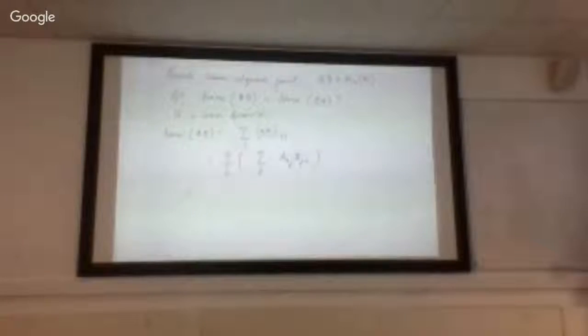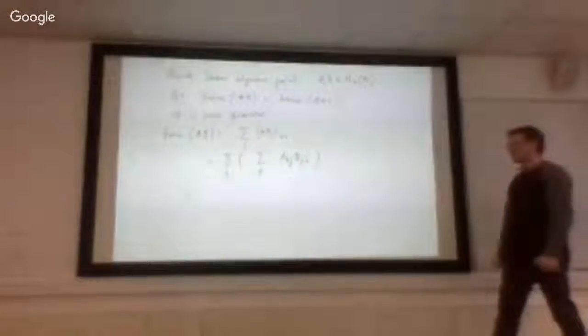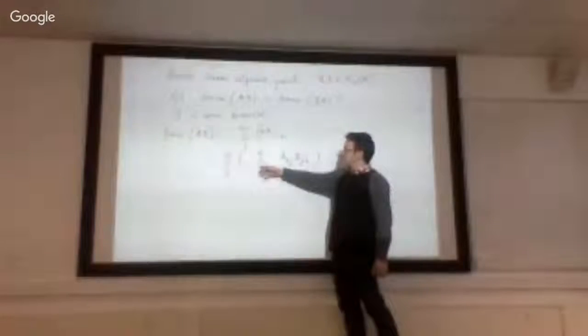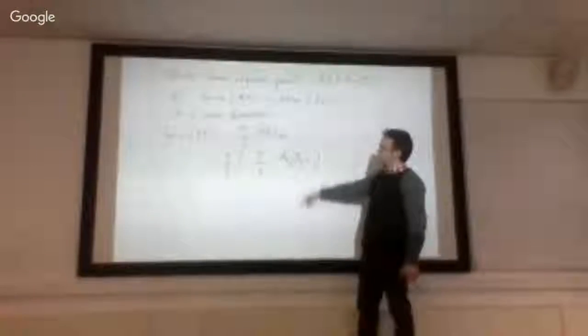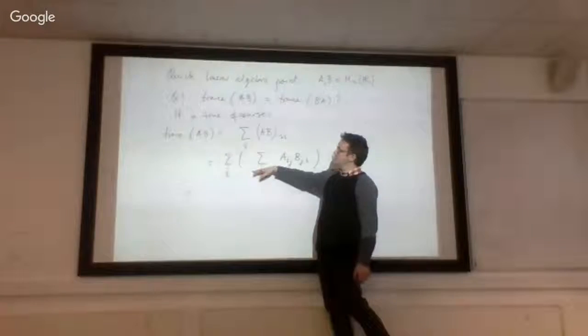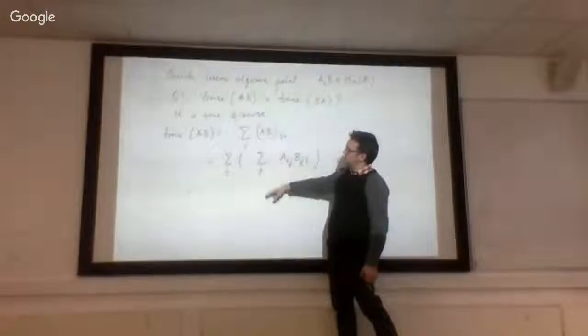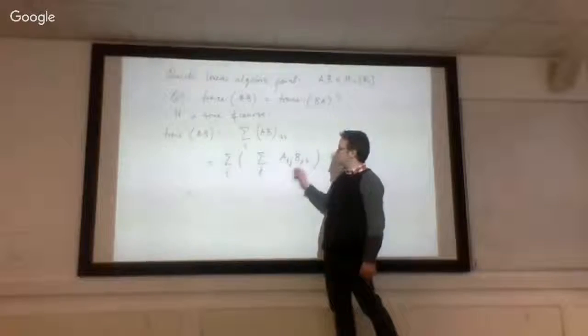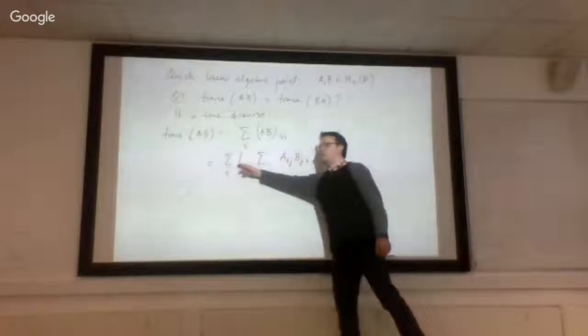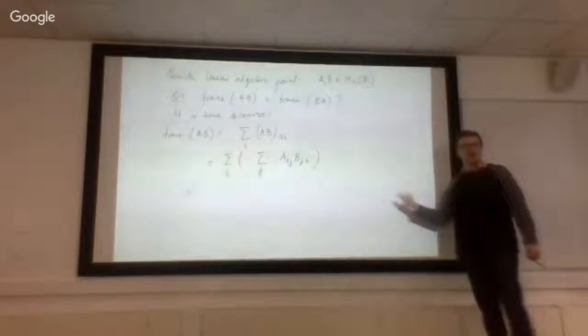When you've got the double summation, sum over i, sum over j, the inner sum is the sum of the columns of that rectangle, and then you're adding up all those column sums.